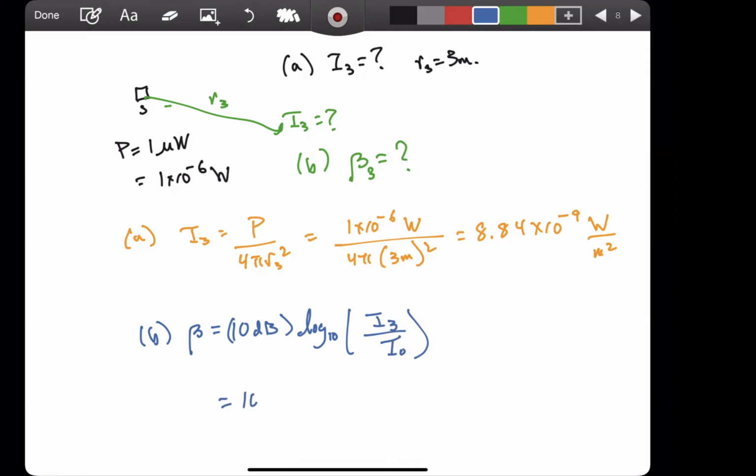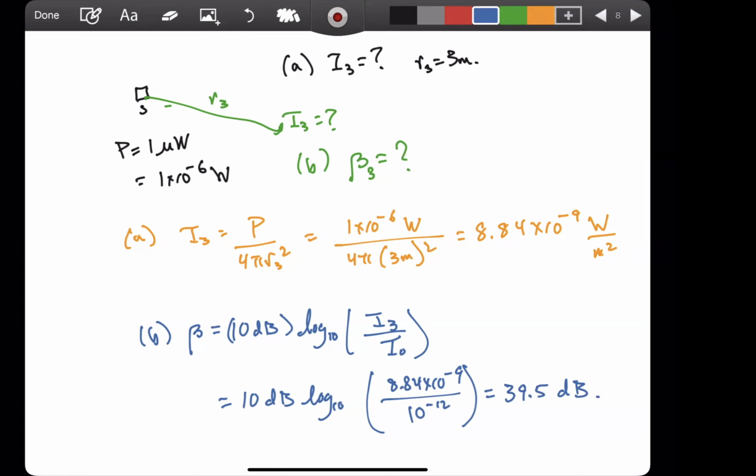So it's 10 decibels times the log base 10 of, plugging in our numbers, 8.84 times 10 to the minus 9 divided by 10 to the minus 12. This works out to be 39.5 decibels. So this is my sound level. Not too bad.